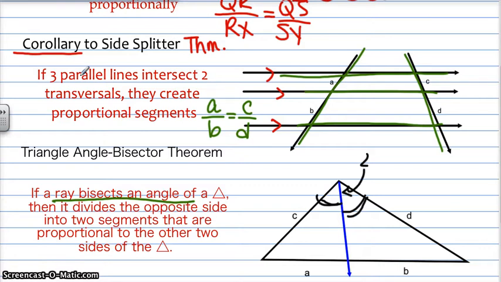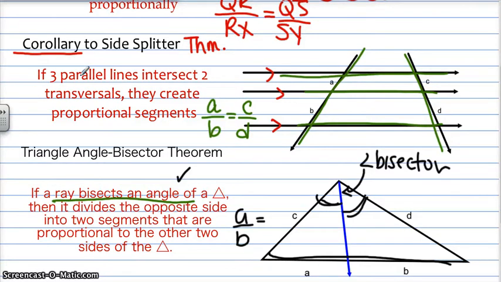So this is the angle bisector. Since we know we have an angle bisector, and it's going through the bottom side, it's dividing it into two segments. Those two segments are proportional, so A over B, those two segments are going to be proportional to the other two sides of the triangle.